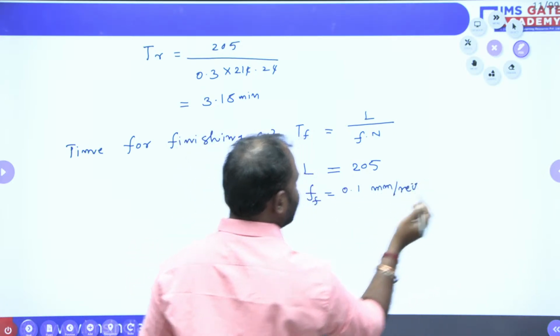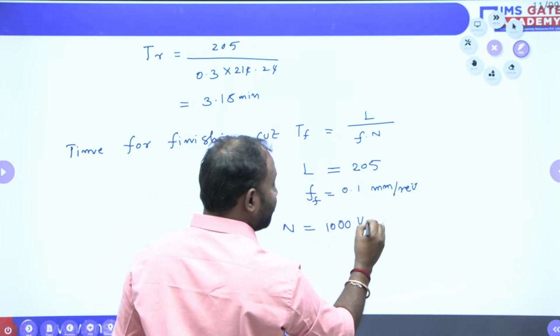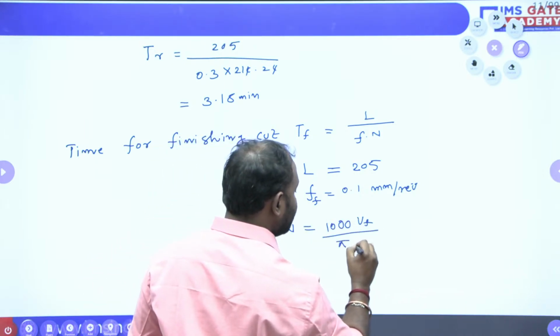Now here you have to decide N, equal to 1000 VF divided by pi into D.